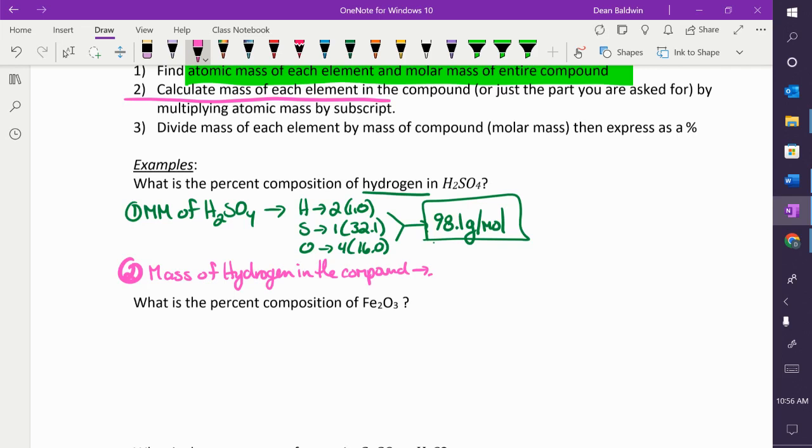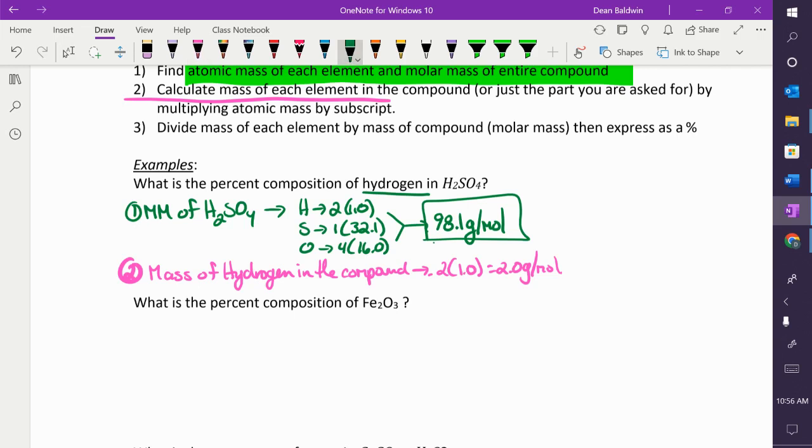So what's the mass of hydrogen in the formula? 2 times 1.0 is 2.0 grams. So we have 2 grams of hydrogen in a 98.1 gram mass formula.